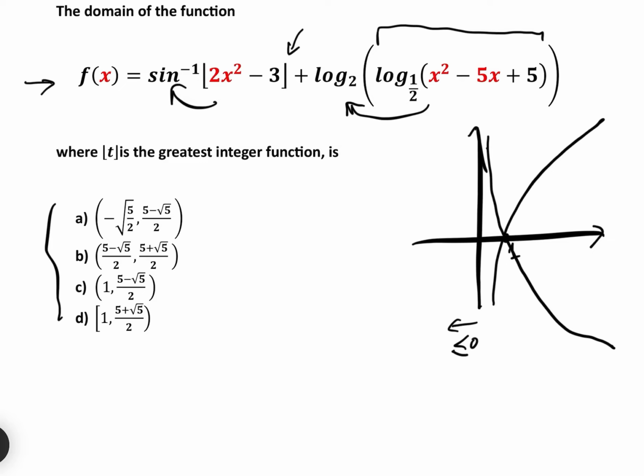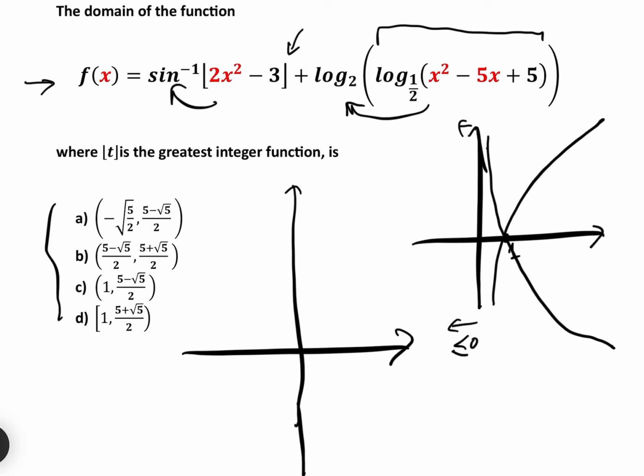Sine to the minus 1 is basically the inverse of sine, and I'm bound to draw this appallingly, but let's have a quick look. It's going to be like that. Oh, that's not too terrible. Okay, I'm quite pleased with that. Basically the value has to be between 1 and minus 1, and it can be 1 and it can be minus 1, whereas the log function argument cannot be 0.